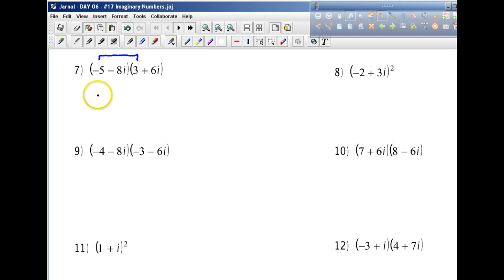First, multiply those. What does that equal? Yeah. And then what comes after F? Outside, so -5 times 6i is -30i.